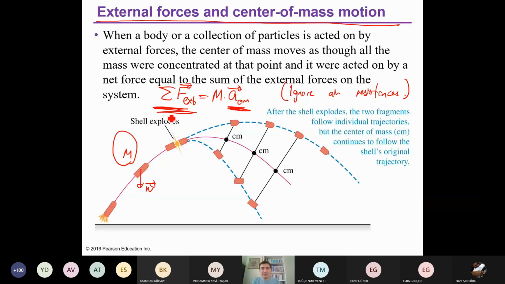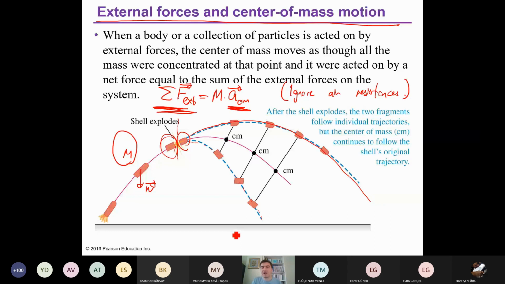Then let's consider that at this point, this missile or this shell explodes, okay? Then this part is moving in this direction with this trajectory, and this part is moving with this trajectory.